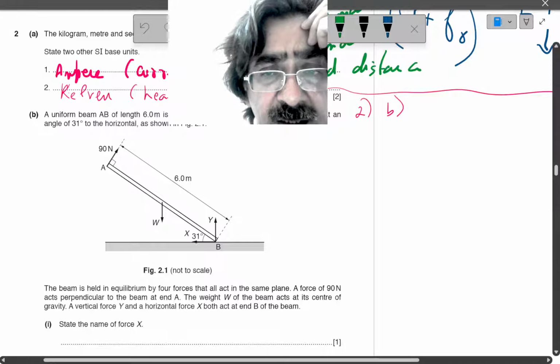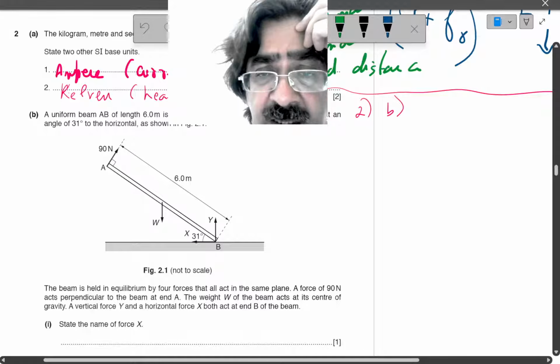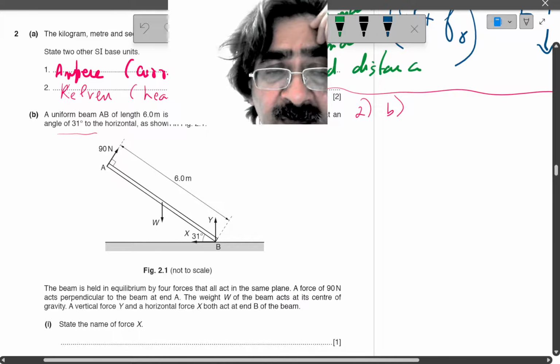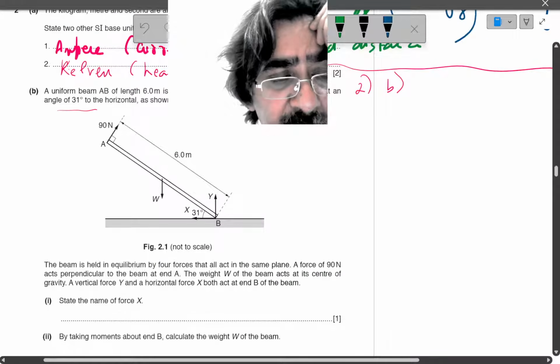Firstly it is along the horizontal surface, and then it is tilted at an angle of 31 degrees, as shown in the figure.